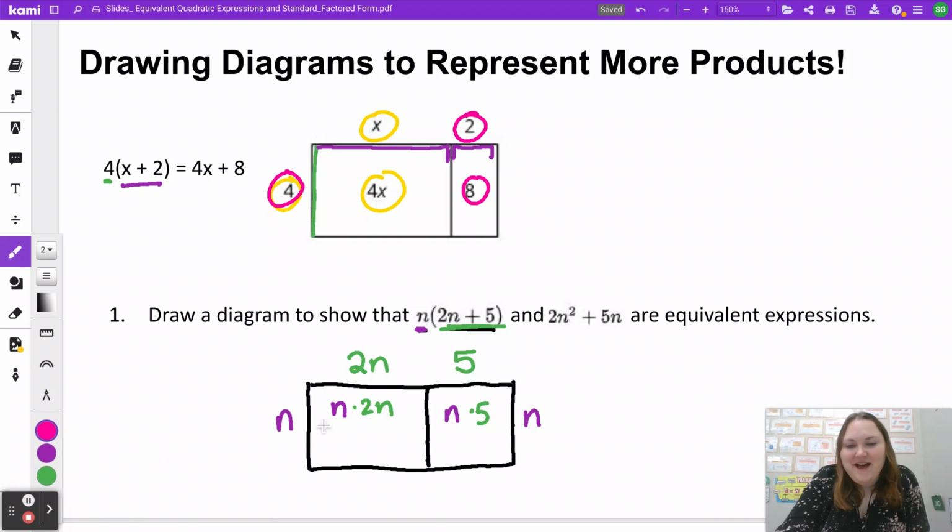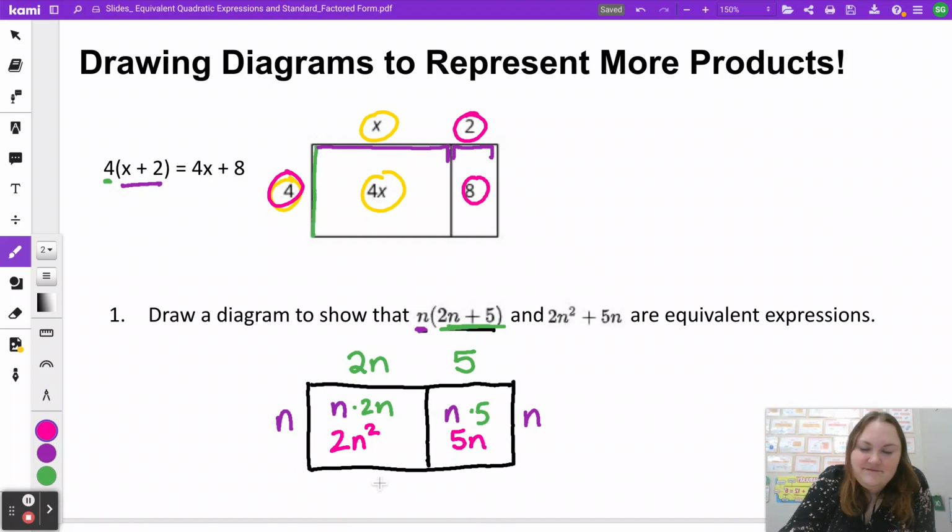When you work out that math, n times 2n, well, n is like 1n, right? So 1 times 2 gives me 2, but then n times n gives me n squared. And then over here, n times 5, that's just 5n. So using the part I have in pink, that final answer would be 2n squared plus 5n. That's how you use a diagram for this.